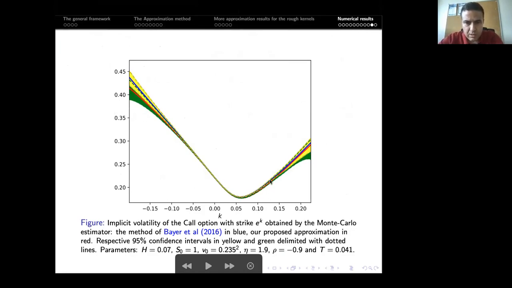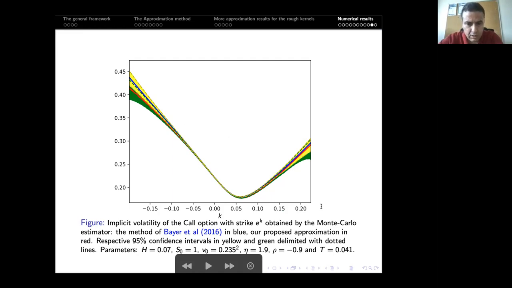At least for this range between 0.20 and minus 0.10, we really are very close to the explicit method. In yellow, you have the confidence interval for the Kebaier and co-authors method, and in green, it's our confidence interval.